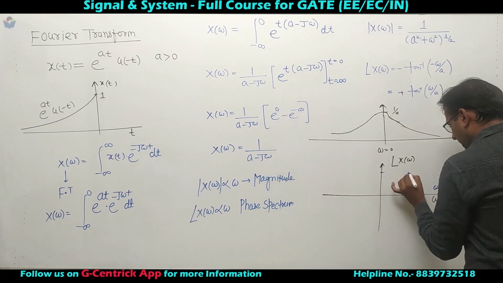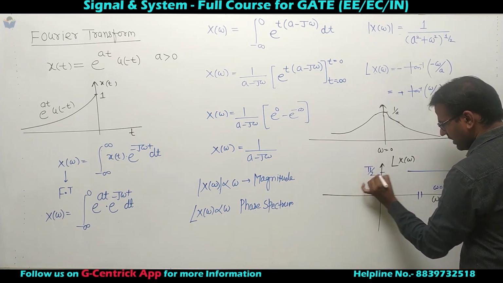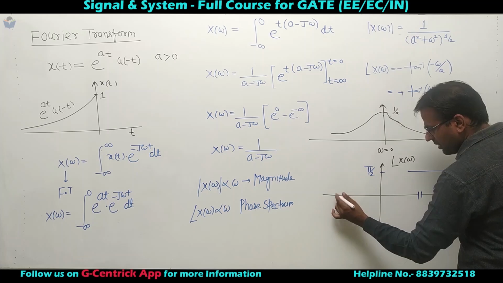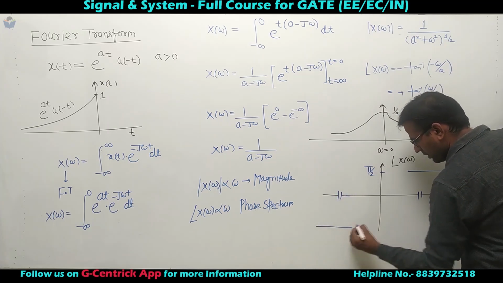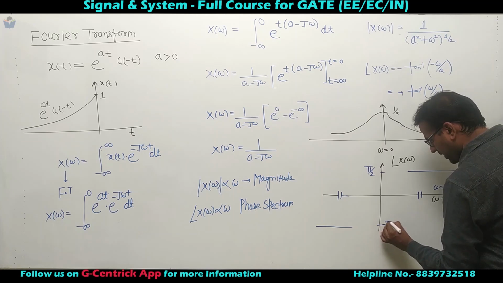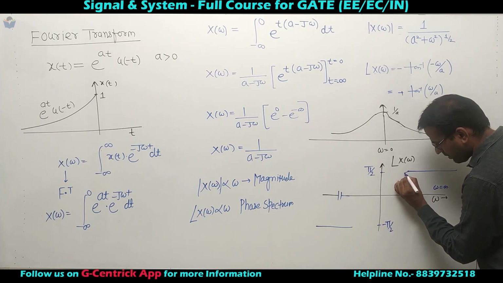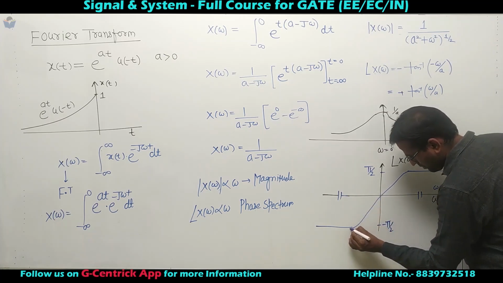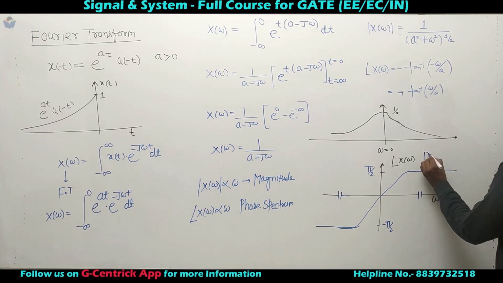So this is infinity, and at omega equal to minus infinity it is minus of pi by 2. So this is the phase spectrum.